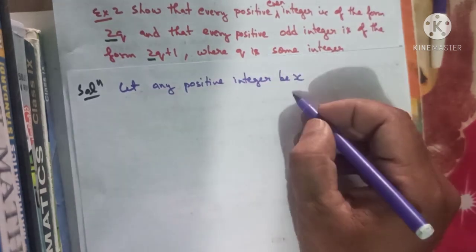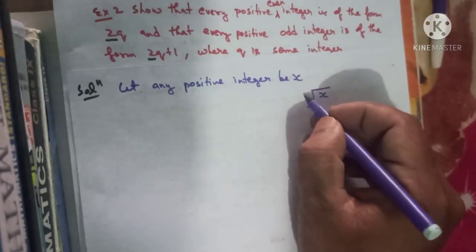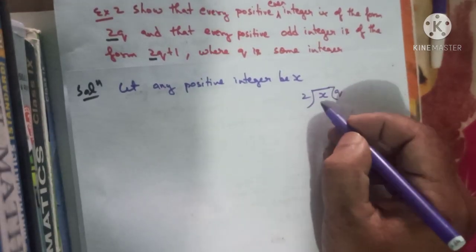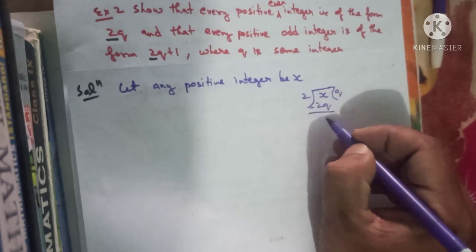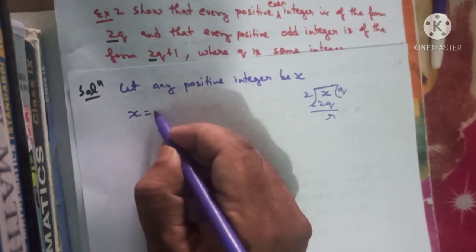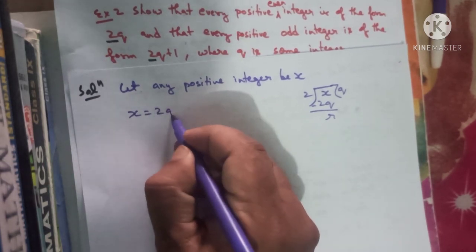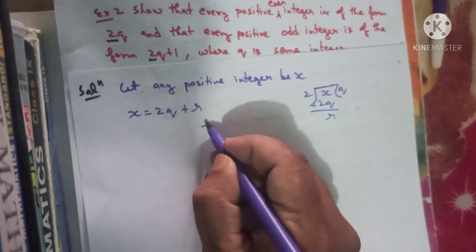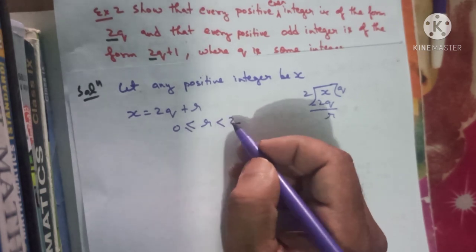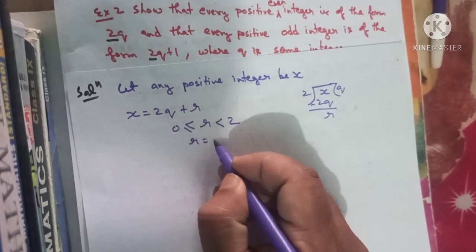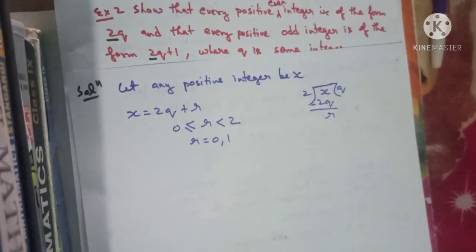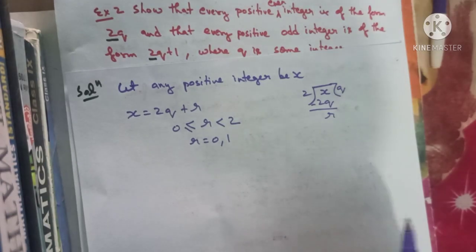If we divide x by the divisor 2, it will be 2 times the quotient plus the remainder r. The dividend is equal to divisor into quotient plus remainder, where the remainder is greater than or equal to 0 and less than the divisor 2. So the remainder can be 0 or 1, but it cannot be 2. Simple. So we have only 2 cases here.